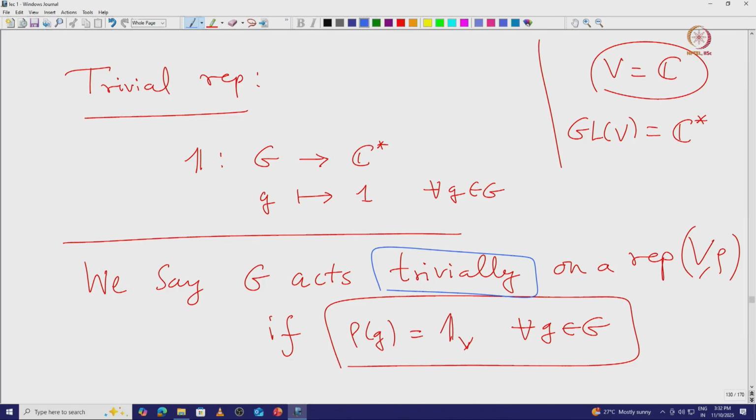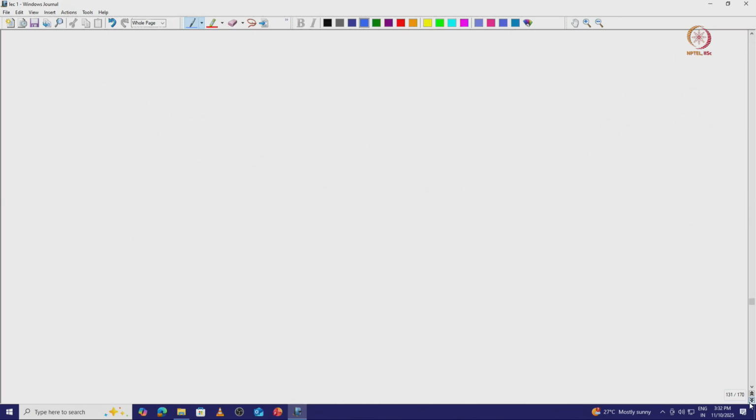Let us try to understand the meaning of equivalence of representations in this setting. Again, as before, we were interested in getting the intertwining operators. So, let us try to understand why the equivalence makes sense. Let us work with some representation.